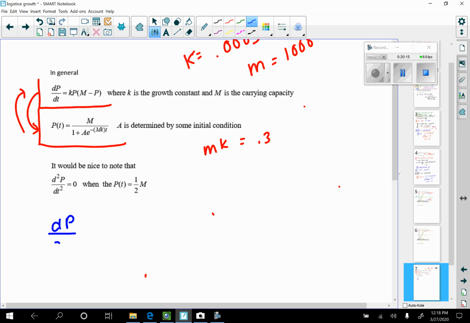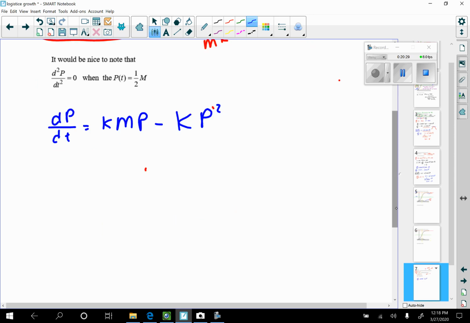I'm going to multiply through by kp, and I have kmp minus kp squared. I want to differentiate that with respect to t, as I'm going to do right now.